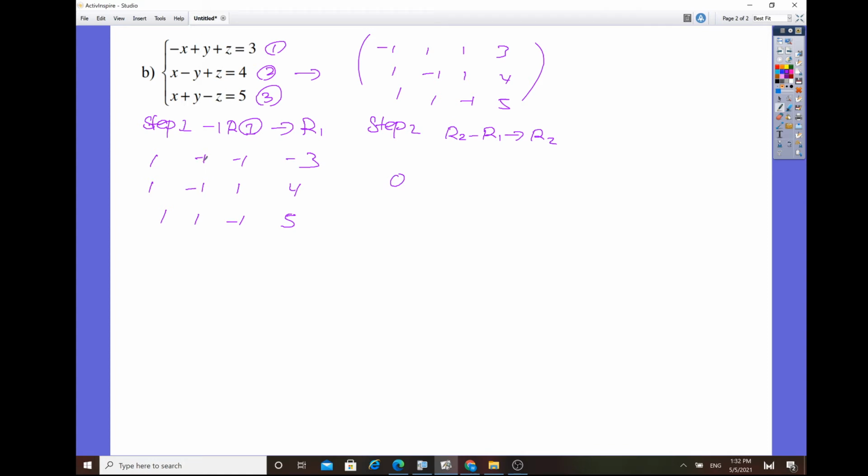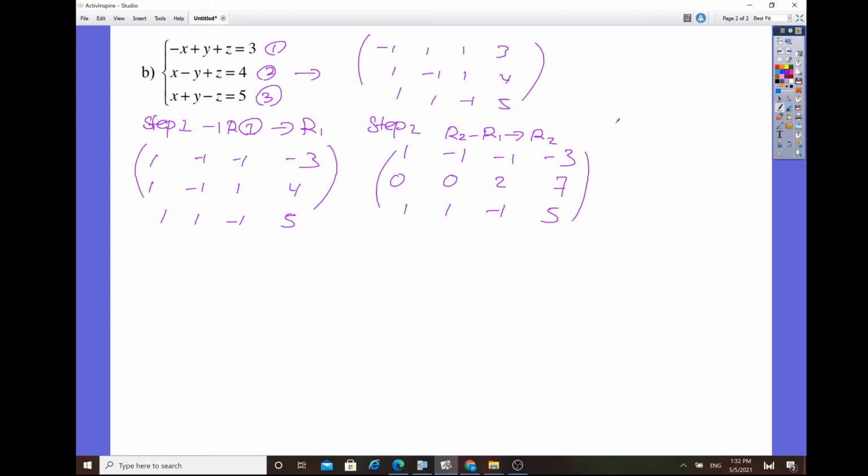Negative 1 minus negative 1, 0. And then 1 minus negative 1, 2. 4 minus negative 3, 7. First row, all those entries, just carry them over. 1, 1, negative 1, 5, carry them over.